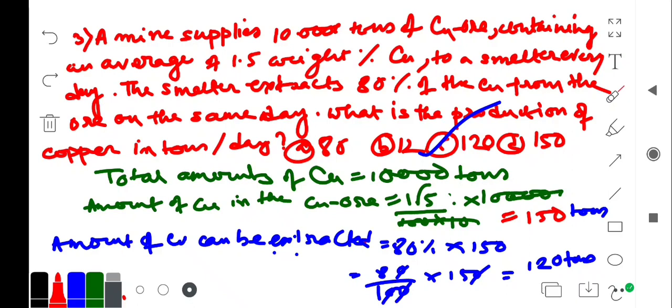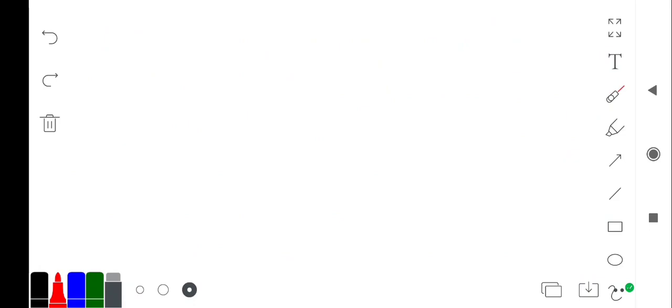Okay, option, the question 4. D plus I plus M is equal to 1501.